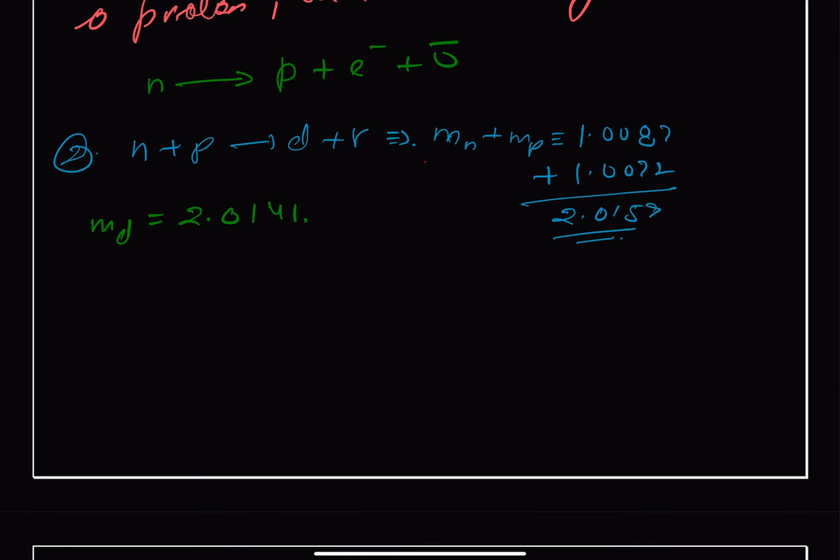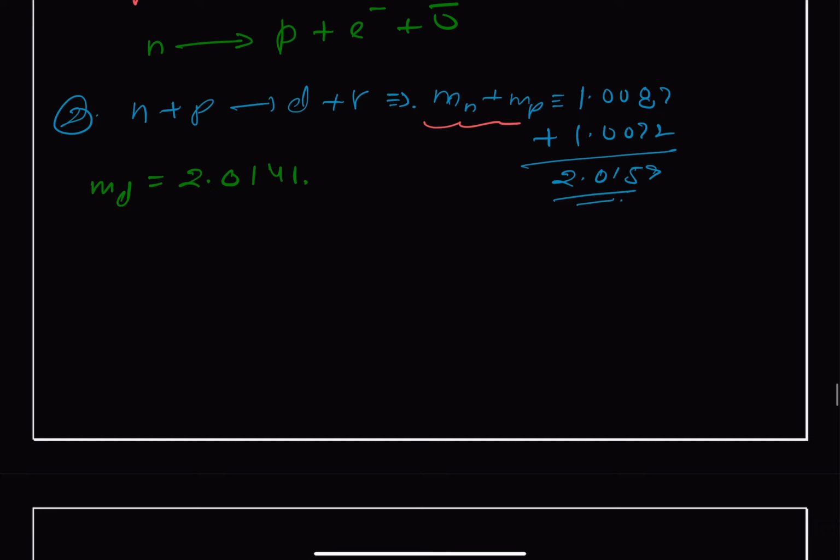If you compare the masses, we can say that the mass of D is less than MN plus MP.